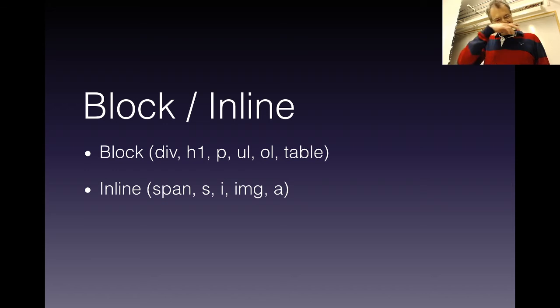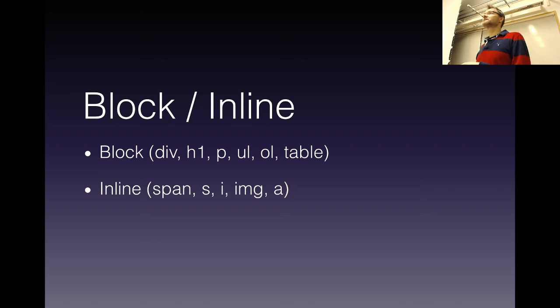So when we look at this web page content, there are two main categories of the HTML elements we put into the web page. It's block elements and inline elements.